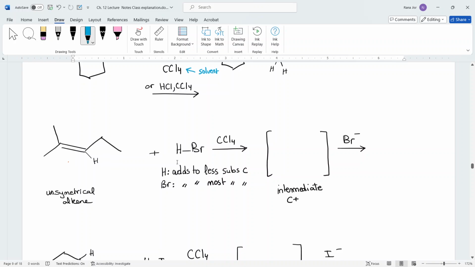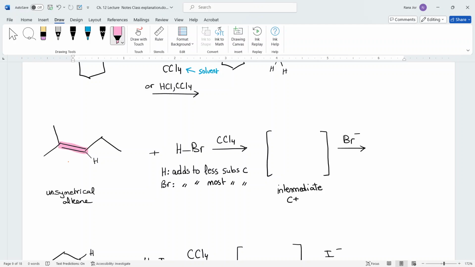Okay, let's have another example. With those, again, it's important that you know what degree of substitution you have in your structure. So let's see. What you have over here is a simple alkene, and you're reacting HBr with it. So this is going to be my alkene.